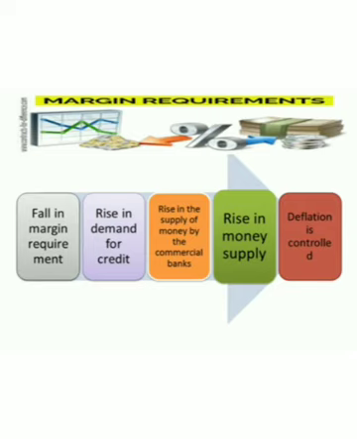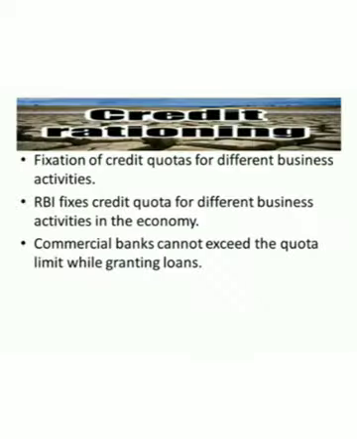It means only 10 lakh is there as margin requirement. Less margin requirement will increase the demand for credit and there will be a rise in the supply of money by the commercial banks which helps to increase the money supply and deflation will be controlled.